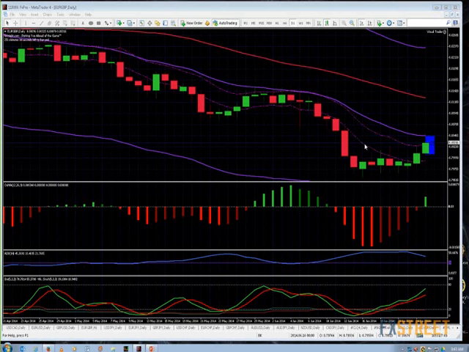The tunnel of fives is two 5-period smoothed moving averages, Leonard. One is applied to the highs, one is applied to the lows.